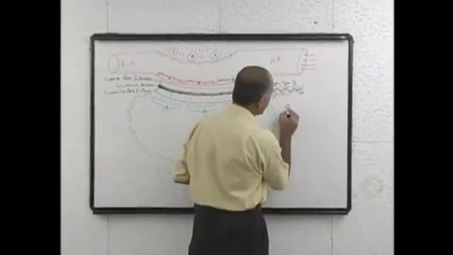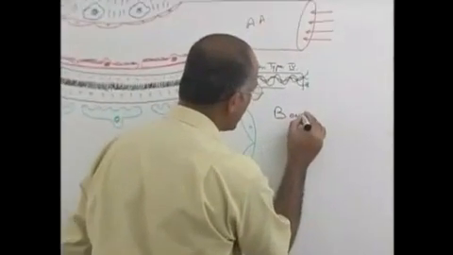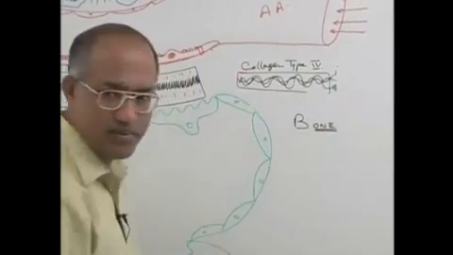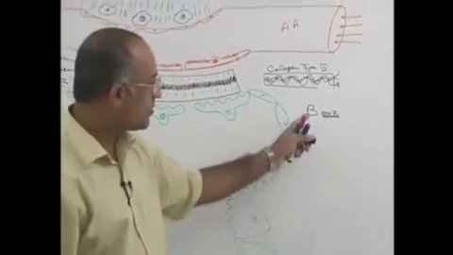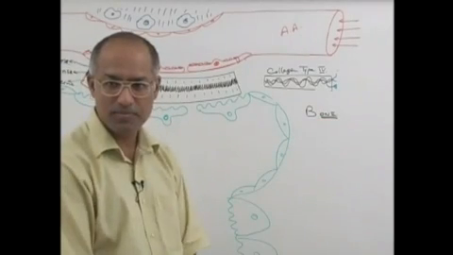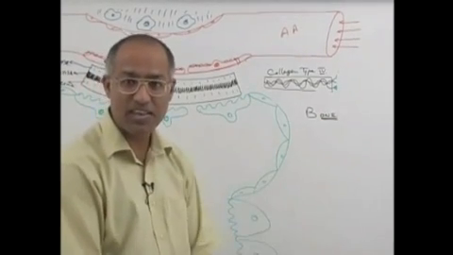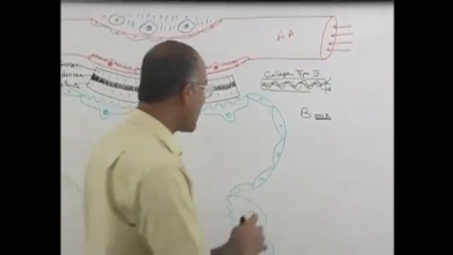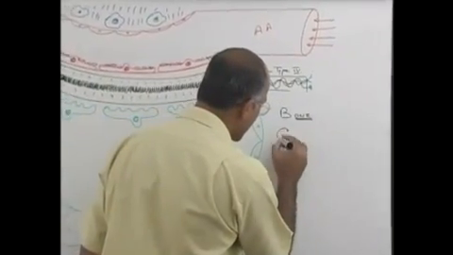Tell me what I have written here. Bone. So bone has type 1 collagen. It's so simple. In the spelling it's written that bone has which collagen? Type 1 collagen. Now I'm going to write something and you see what's wrong.